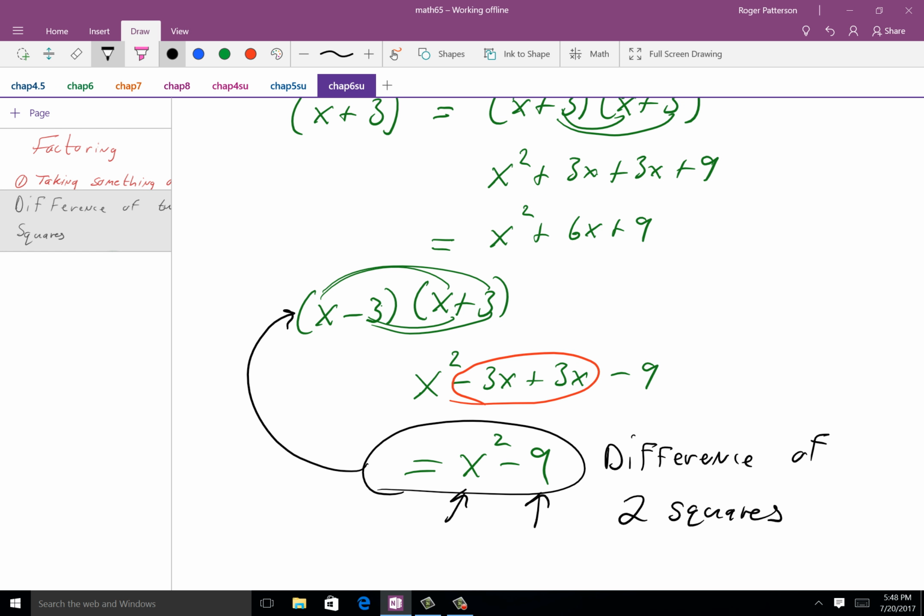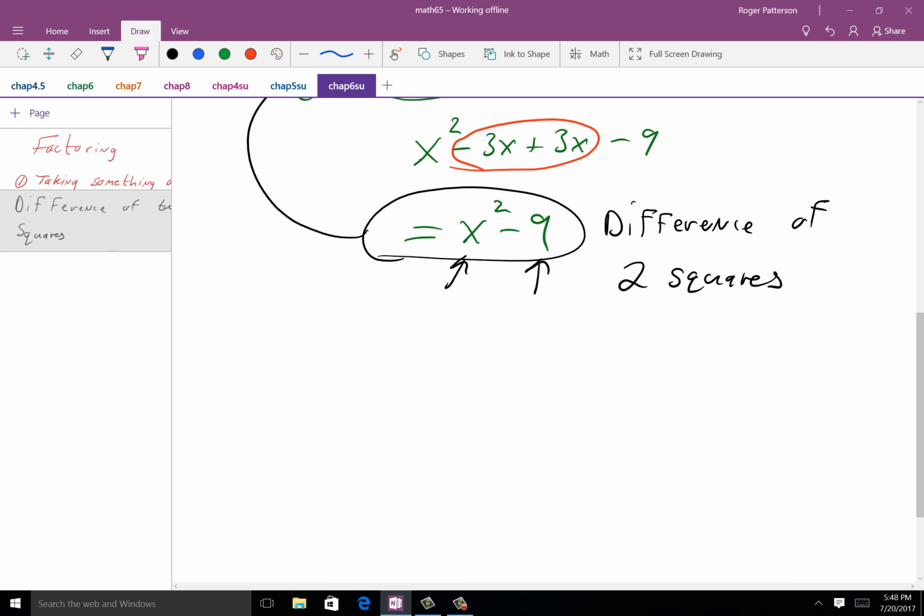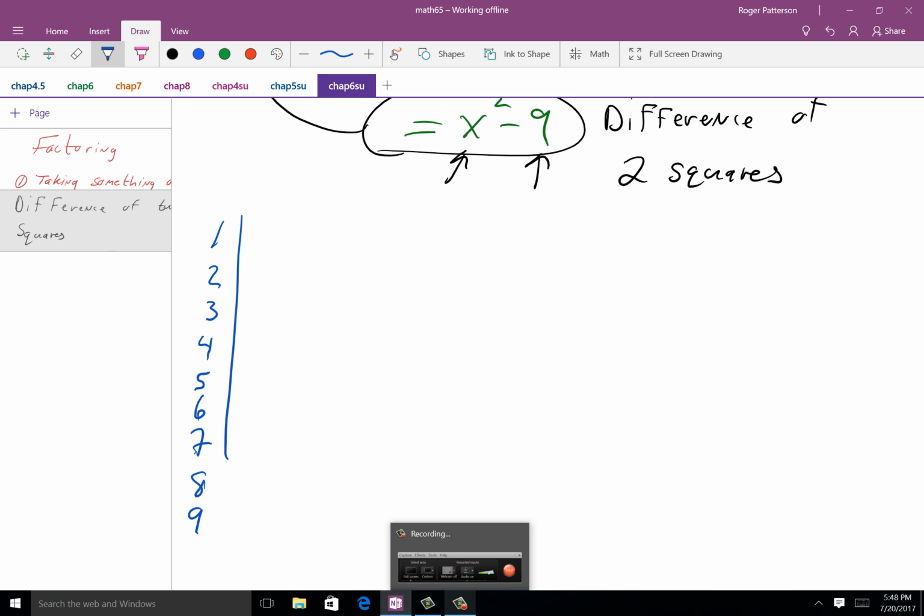One thing that might be helpful is to write down, someplace, a chart. So if this is the number n, then this would be the number n squared.